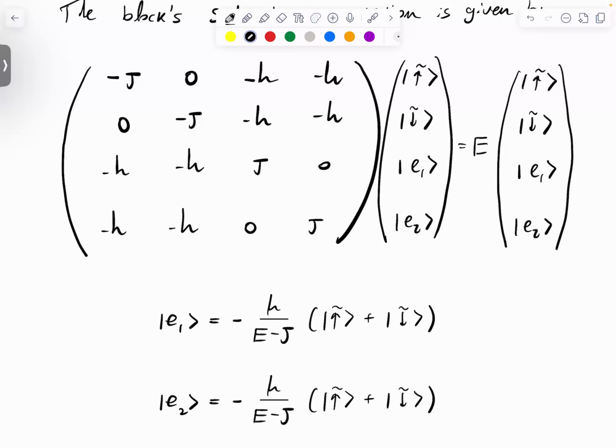You see, this factor of H over E minus J is like a perturbative term where you live in this low energy effective manifold and you can hop to the high energy manifold and back down. That's basically the physics. You'll see it more clearly in a second. But the fact that they're equal is just telling you that there isn't even a difference in the phase when you jump to these high energy states. Okay.